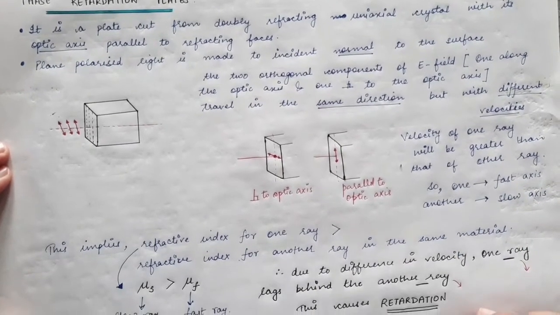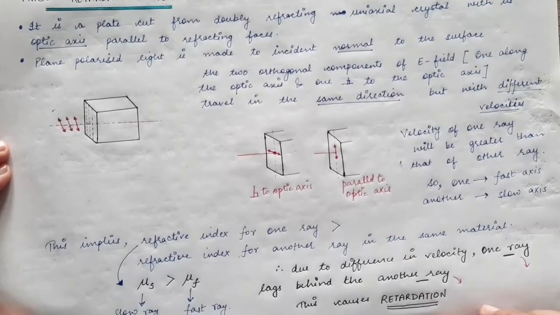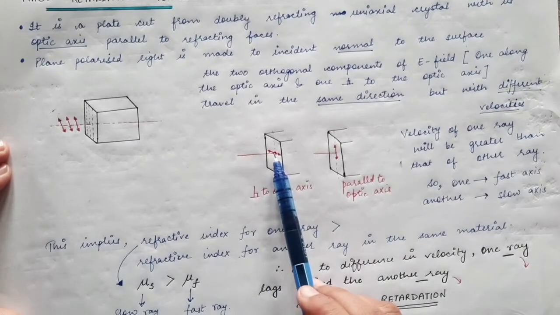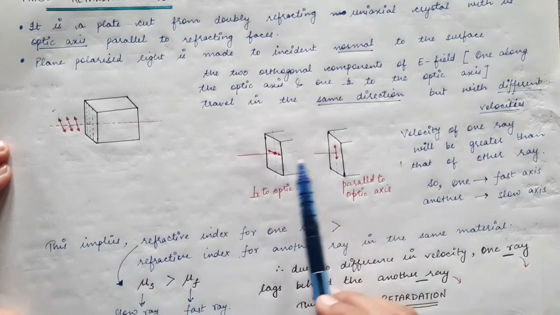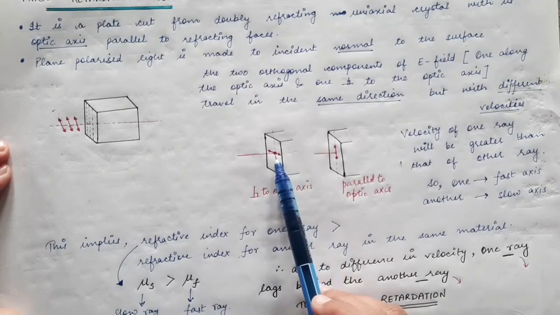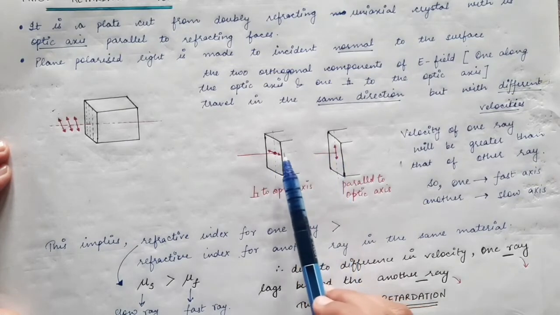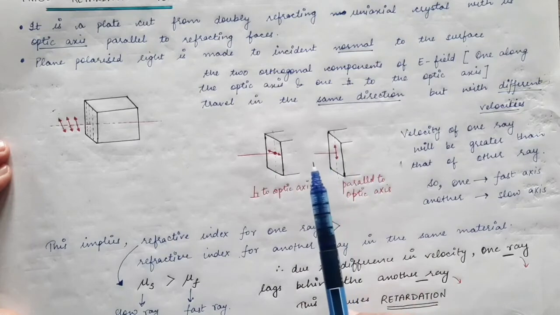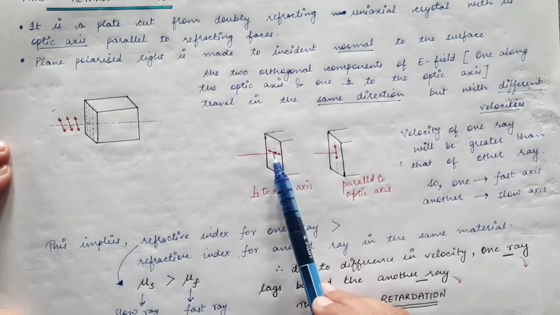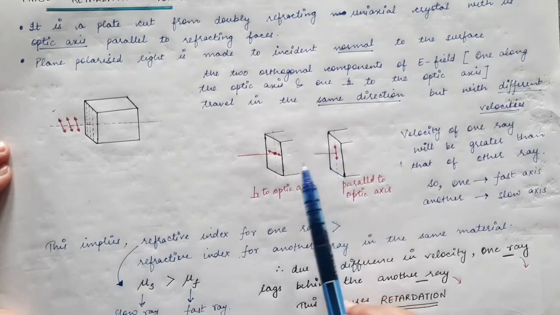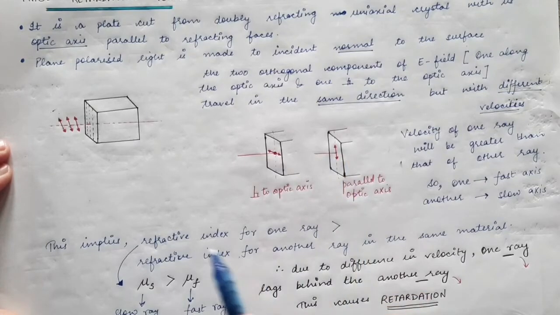If one component is moving faster than the other, then obviously the refractive index for that component will be different. If these two components are moving with different velocities inside the same material, then they will experience different refractive indexes.